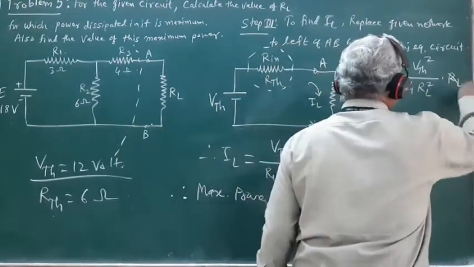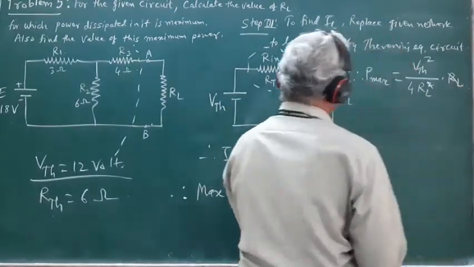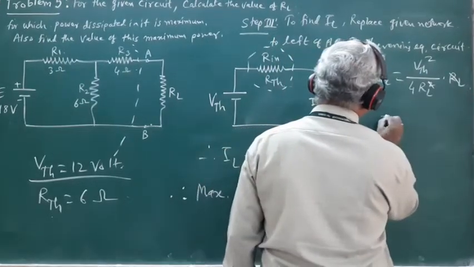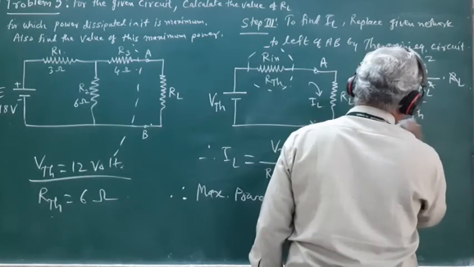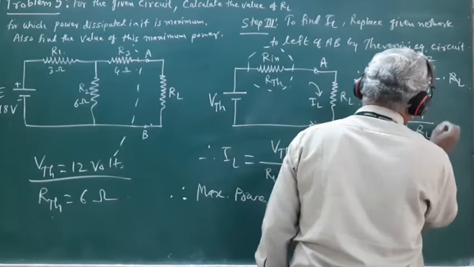One RL will cancel with this RL here. So the maximum power available will be VTH square upon 4 RL.